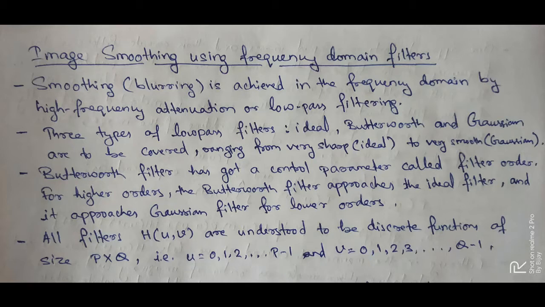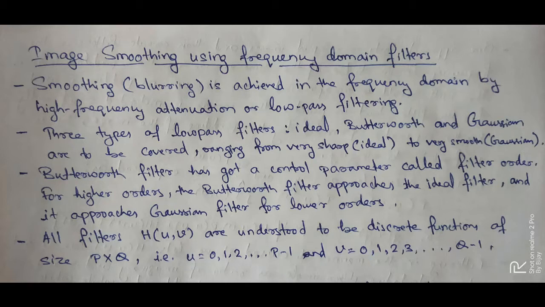At the same time, if the control parameter is assigned a lower value, if we maintain a lower order control, that is, the filter order is kept low in value, then the same Butterworth filter for that lower value of the filter order will behave like a Gaussian filter.